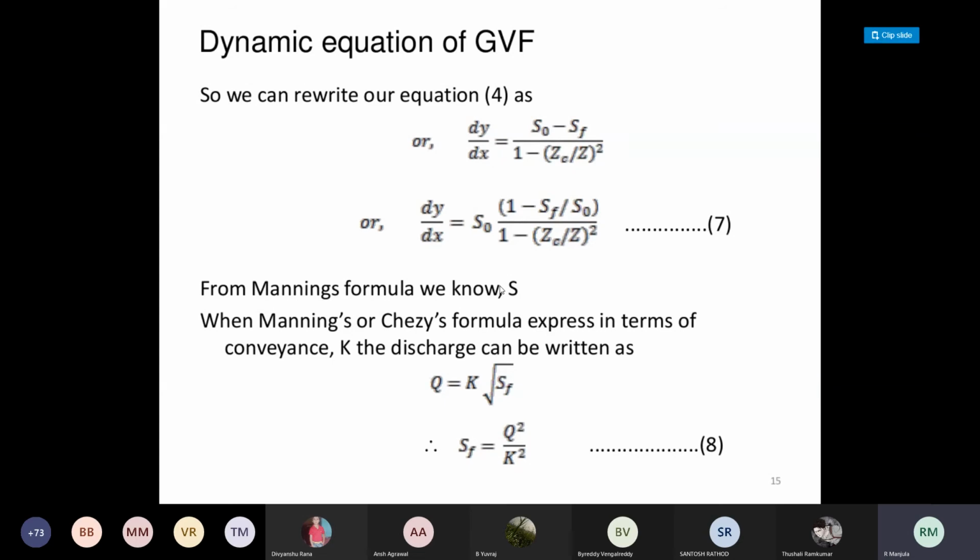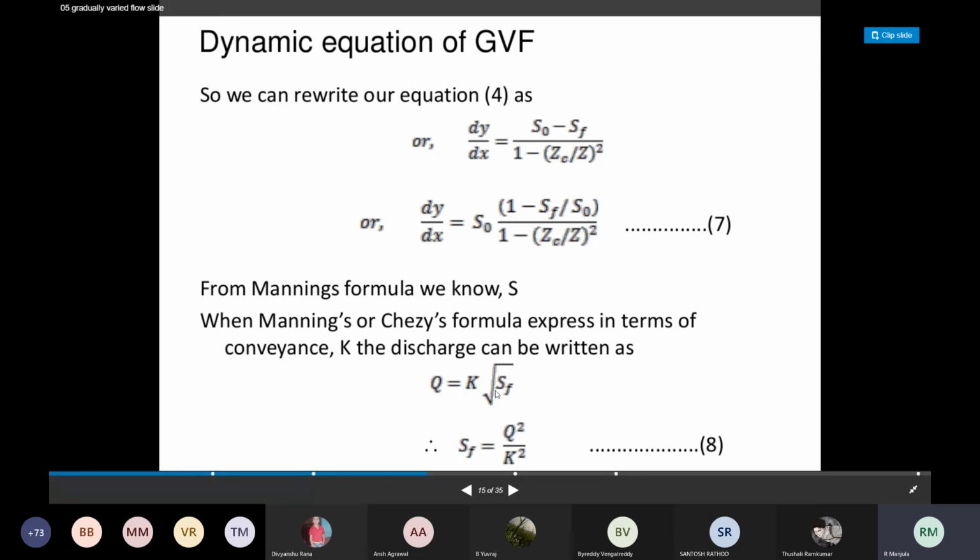Am I right? So A into 1 by n into R to the power of 2 by 3 is nothing but your K here, that is your conveyance. So Q is K into square root of Sf, and that Sf remains the same on the right hand side. This is according to either Manning's or Chezy's formula. Now your Sf becomes Q square by K square.